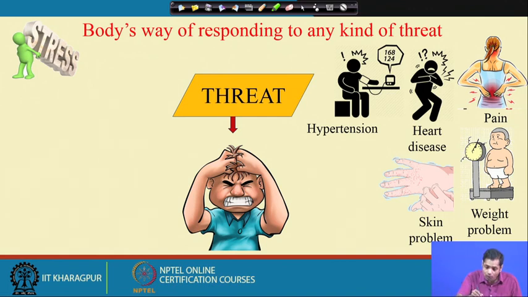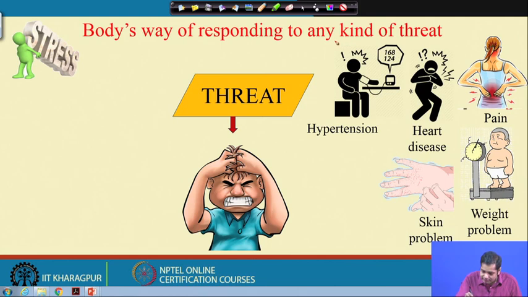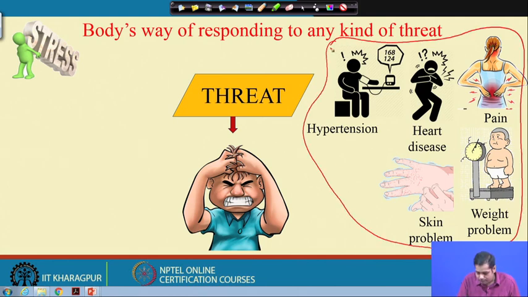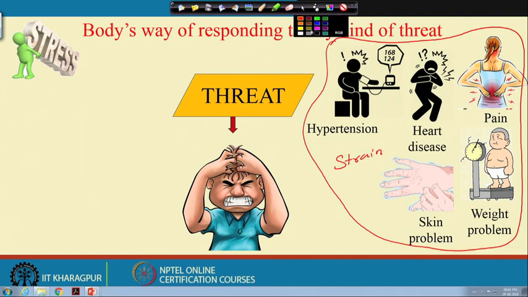So let us call this entire thing strain. So when a human body is subjected to some kind of threat, as a response we have stress, and then another response is strain. Right? And we all know this.